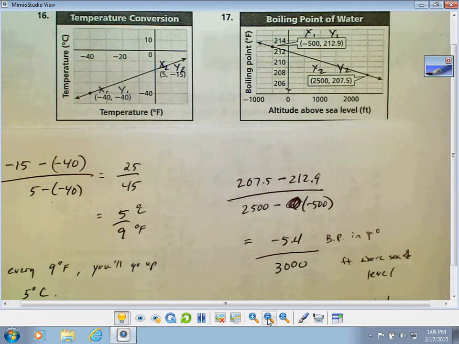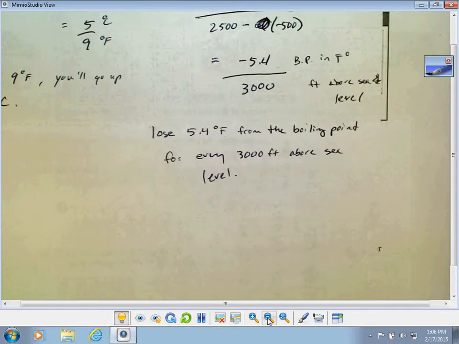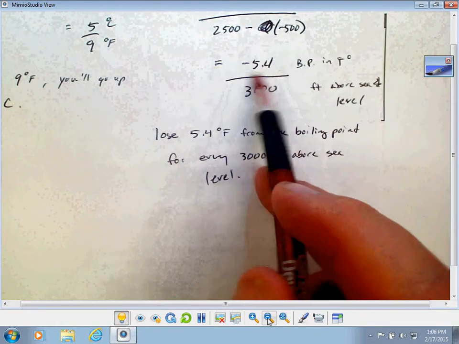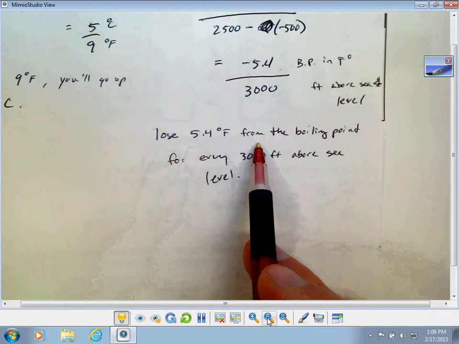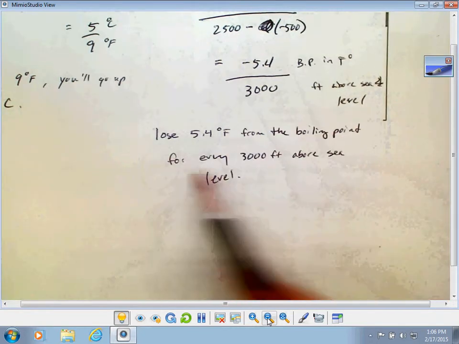So we'll write it out like that. So again, when you see a negative, it means you're going to lose something. Losing 5.4 degrees from the boiling point every 3,000 feet above sea level.